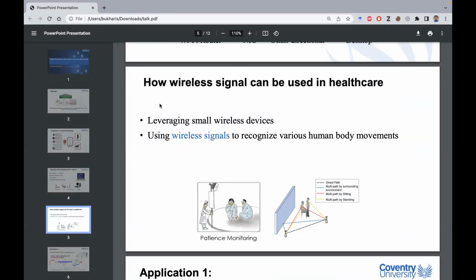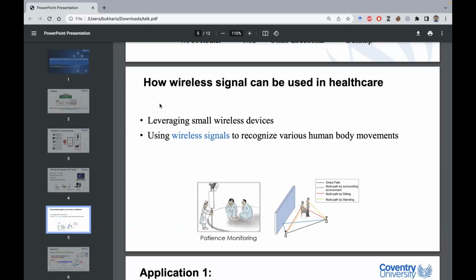So how can these radio frequency signals, particularly Wi-Fi signal, radar or software-defined radio sensors, be used to monitor? For instance, if you can see here at the bottom, say the person is sitting and we have a transmitter here to the left and a receiver here to the right.